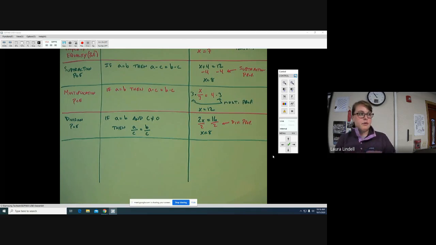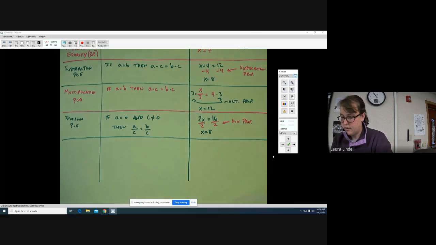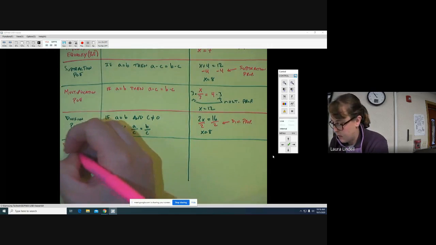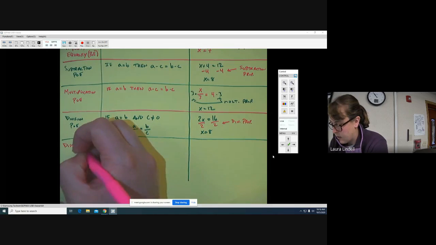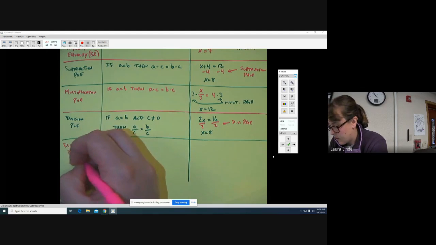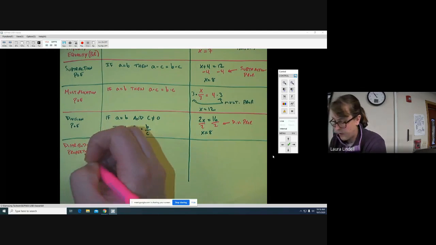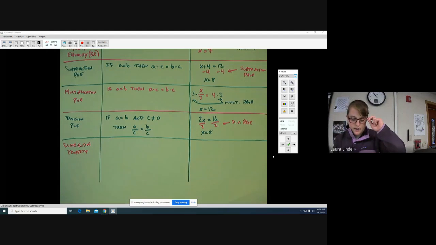Then we're going to step into a little bit more of one that you might have learned in middle school or in algebra, the distributive property. All right.